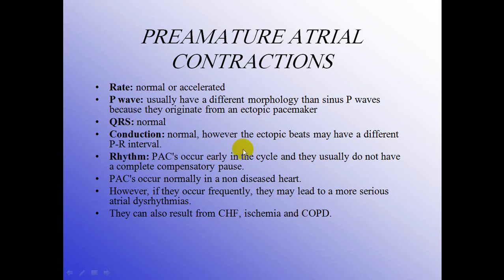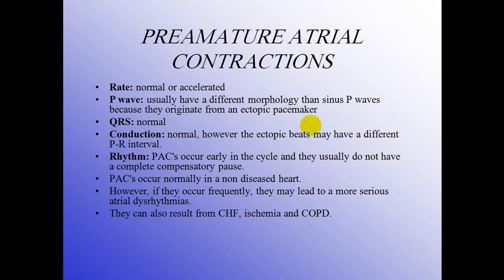So the rate is normal or accelerated. The P wave usually has a different morphology than the sinus P wave, because it's a premature beat starting in the atria, originating from an ectopic pacemaker in the atria. The QRS complex is normal, conduction normal.